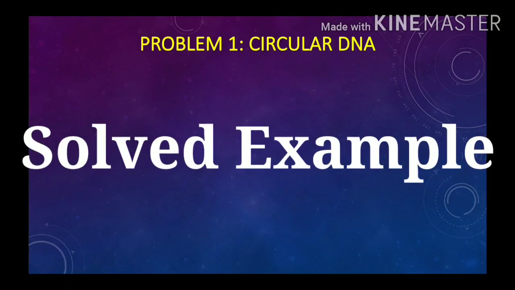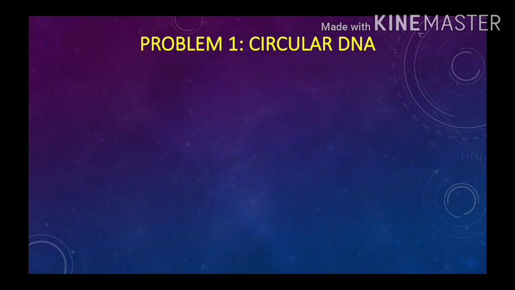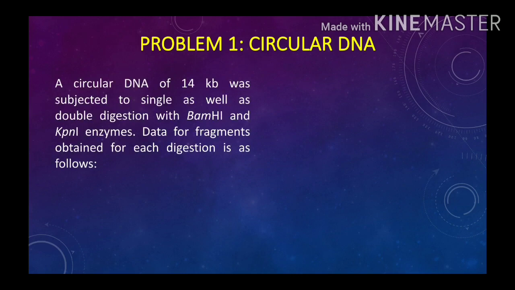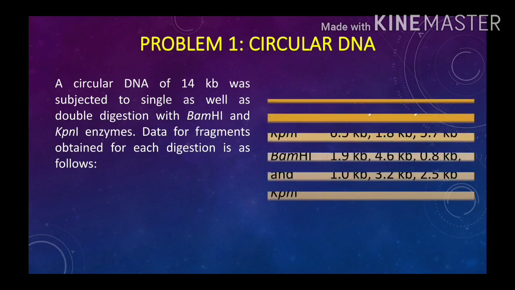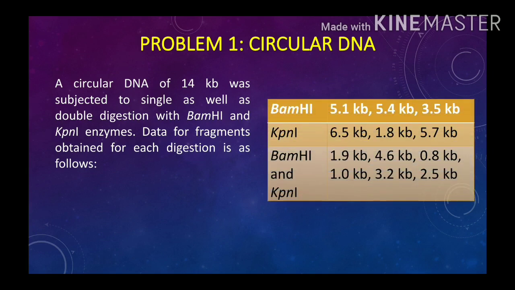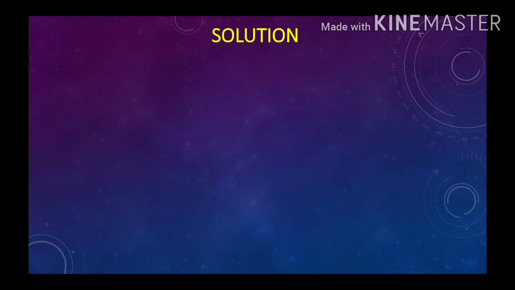Problem number 1, a 14 kb circular DNA is digested with BamHI and KpnI, and the data are given in the table. From these data, you have to construct the map. At first, DNA is circular, and in all three cases, the total size of the fragments is 14 kb, so we are not missing any fragments in this case.